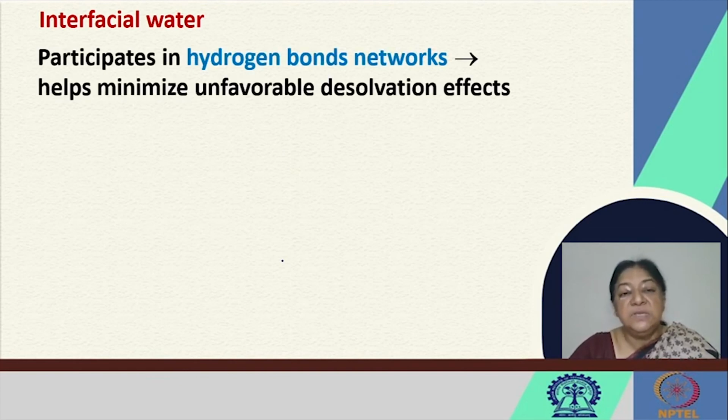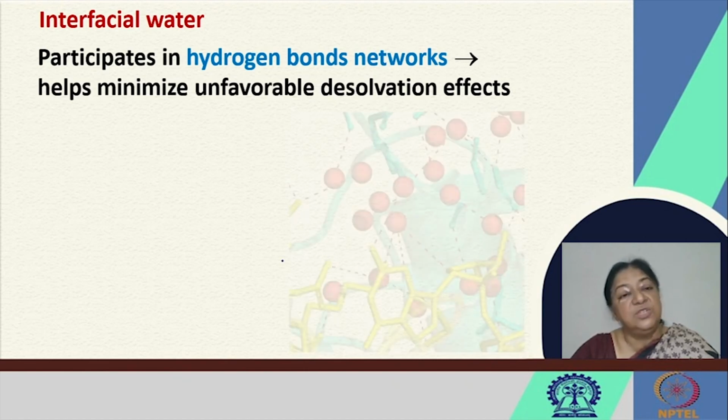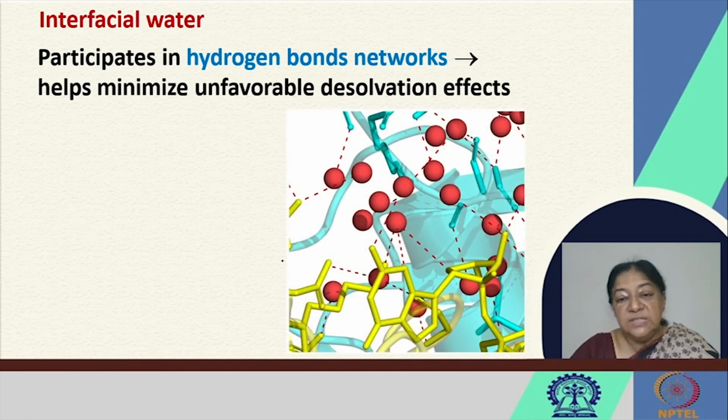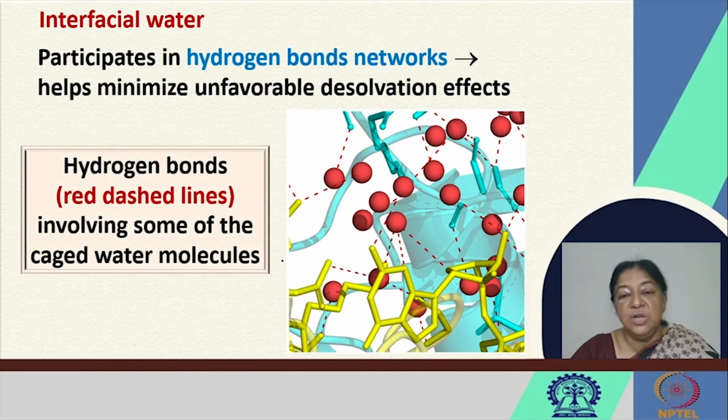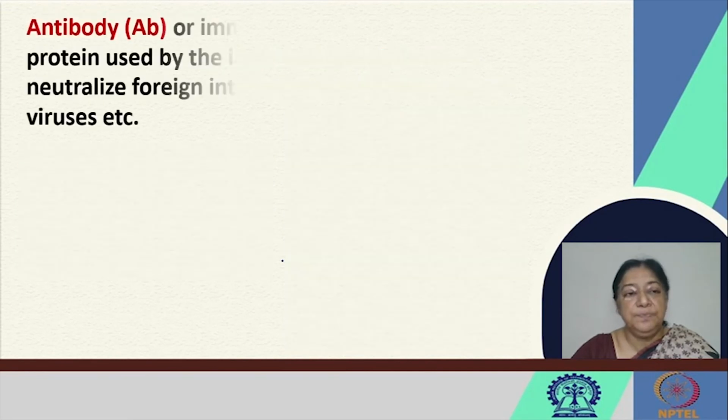This participates in hydrogen bonding networks and helps minimize unfavorable desolvation effects. This is where we have a lot of interaction, where we have hydrogen bonds that involve some of the caged water molecules that are also very important in the protein-protein interaction that occurs.